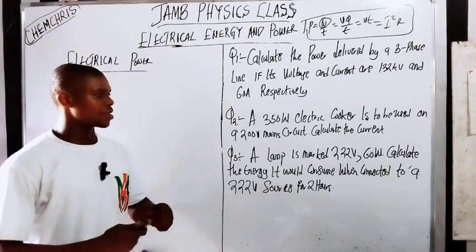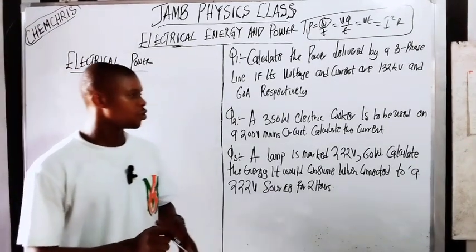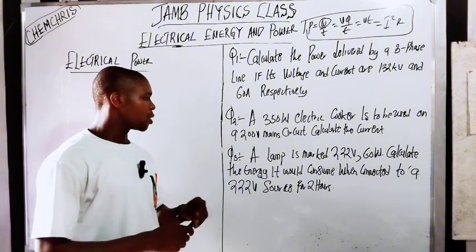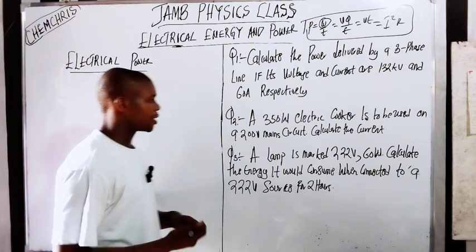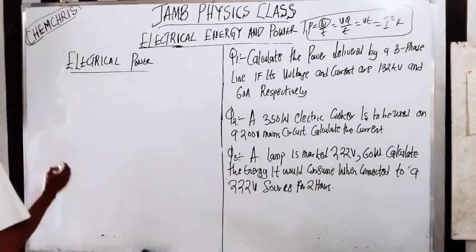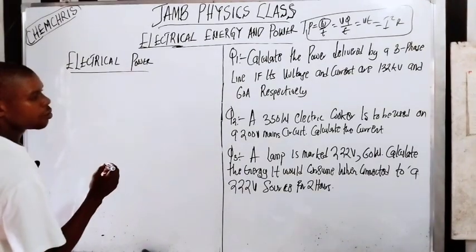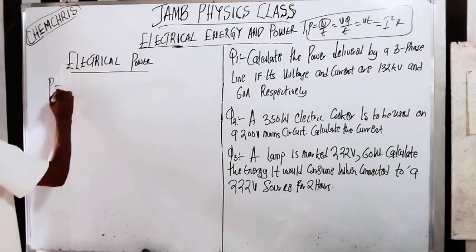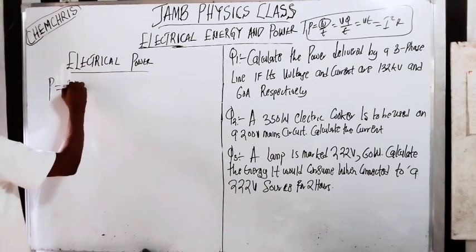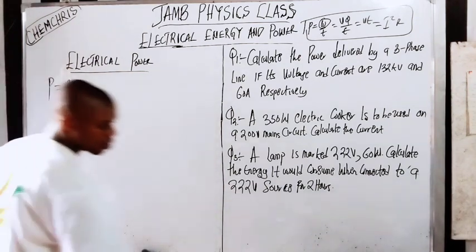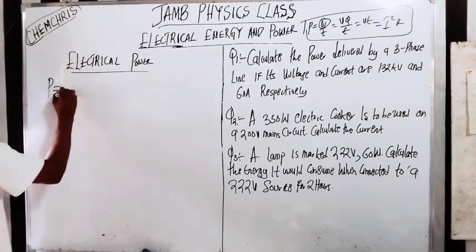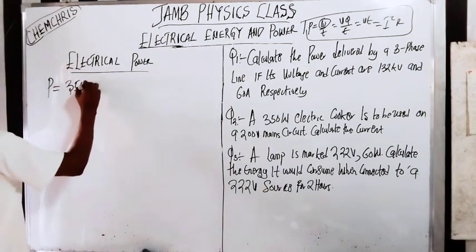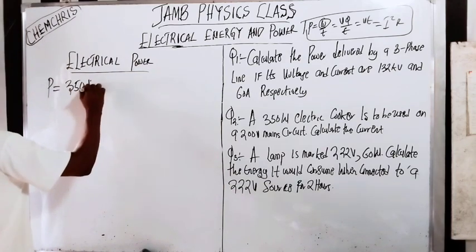A 350 watts electric cooker is to be used on a 200 volts mains circuit. Calculate the current. So my power P is 350 watts, right?